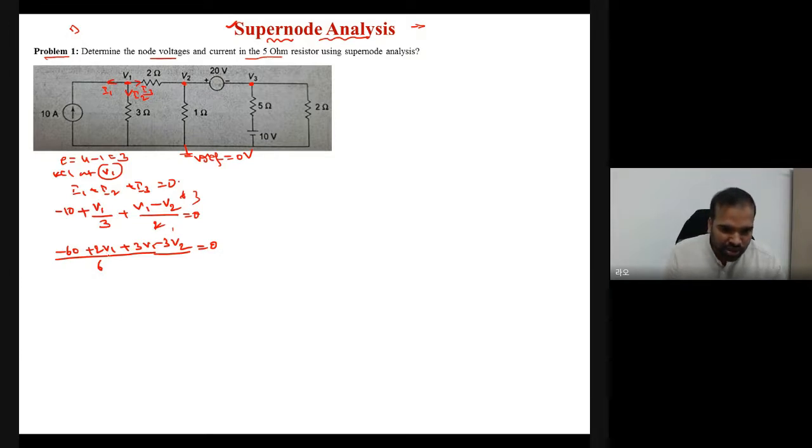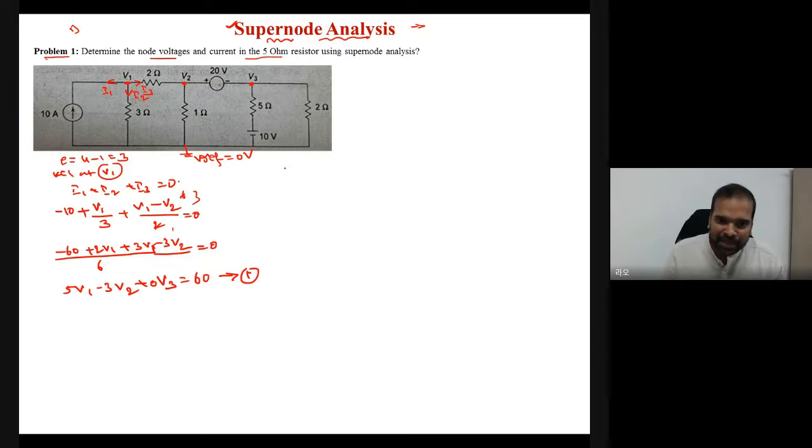So here we have 3V1, don't get confused. Total you have 5V1 minus 3V2. Do you have any V3 term? No. Therefore, you can consider 0V3 equal to 60. This is my equation 1: 5V1 minus 3V2 plus 0V3 equal to 60. This is the equation I get after applying KCL at V1.